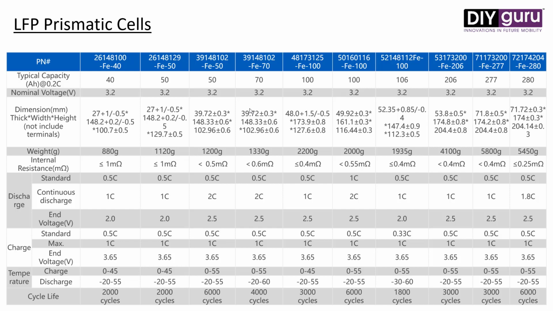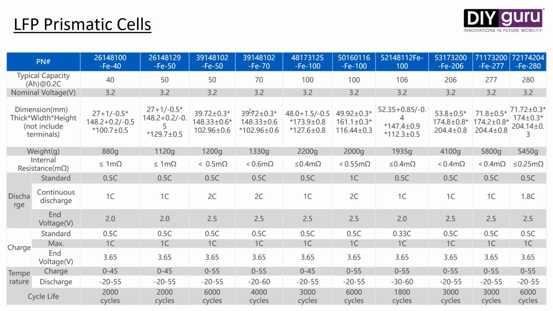The dimensions vary according to the Ah capacity, and so does the weight, which could start from 880 grams and go as high as 5.5 kg. The internal resistance is also variable, from less than 1 milliohm to less than 0.25 milliohm.